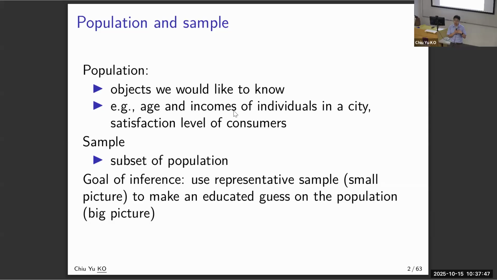Suppose you are a business owner, you want to know how much people will spend on your new product. Then you're interested in the whole Hong Kong market, or maybe even Greater China or the Greater Bay Area. Unless you are able to talk to everyone in the market, you don't know how much they would pay. Talking to everyone in China is probably not possible.